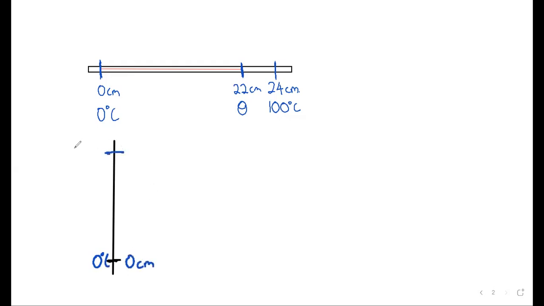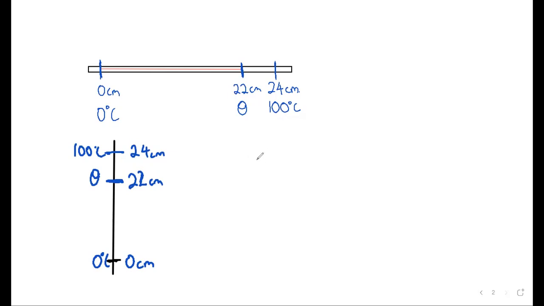Now, when the temperature is 100 degrees Celsius, the length of the mercury is 24 cm. So when the length of the mercury that expands now reaches 22 cm, what should be the temperature? The thermometer that we are using is a non-calibrated thermometer.